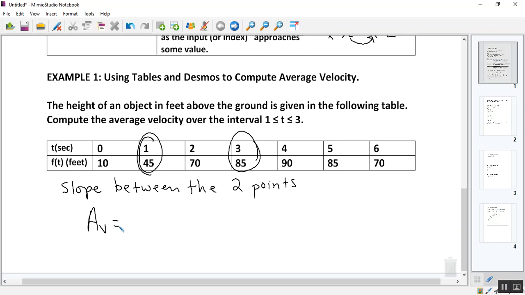So it's like your 85 minus 45, or I'm going to write it maybe this way. It's really f of 3 minus f of 1 all over 3 minus 1, okay? Don't you agree that f of 3 and f of 1 are like a change in y values here, or a change in our height, if you will? Okay, what is f of 3, kids? So this becomes 85 minus what?